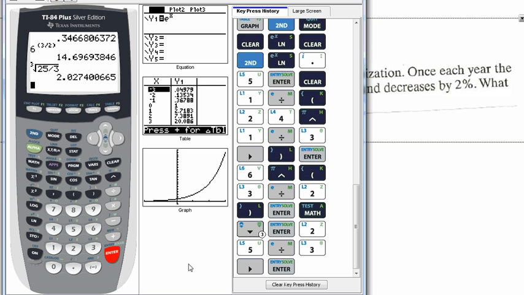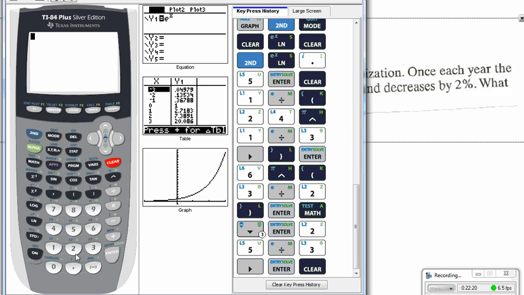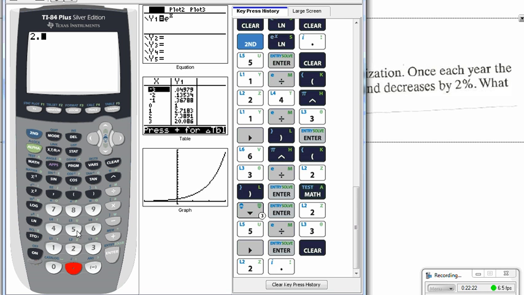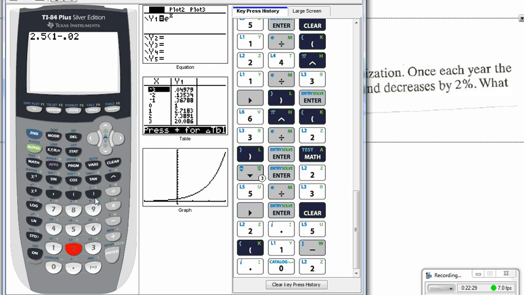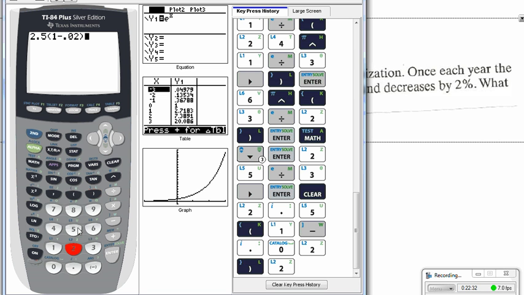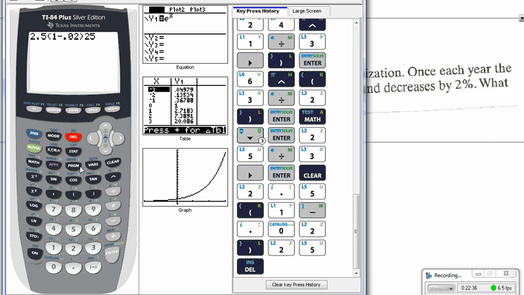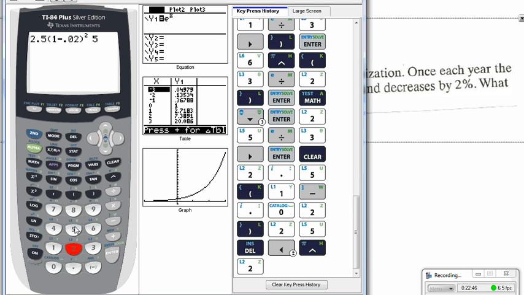Put that into our calculator. So we have 2.5, open parenthesis, 1 minus 0.02, and raise that to the 25th power.